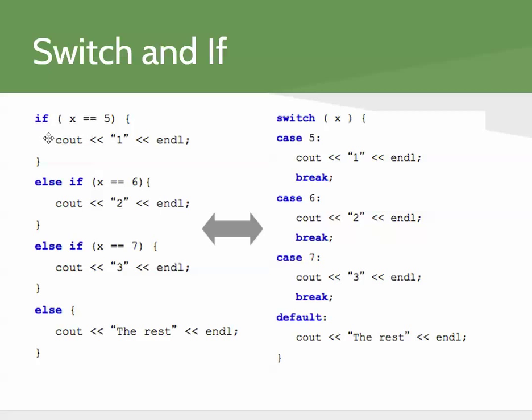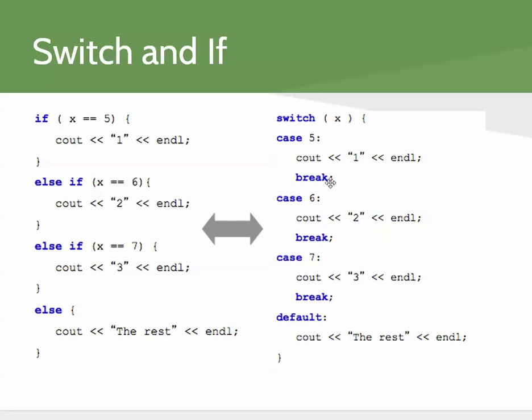What I do within these cases is kind of trivial in this slide. C adding 1, C adding 2, C adding 3. I've got my print statements in the corresponding cases, and notice the break statement here. If I left this break statement out here, for instance, and the user typed in 5 and x was equal to 5, I'm going to enter in this switch. Case 5 is going to be my first match.